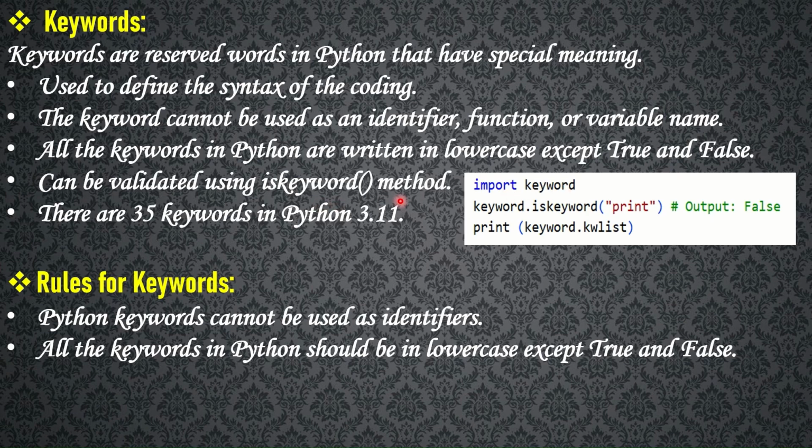So in order to check whether it belongs to keywords or not, we need to import this keyword module, and inside this module, we have a method that is iskeyword. Inside this method, we need to pass an argument as a string. Anything that we need to check whether it is a keyword or not, you can pass here. So I have passed print here. Print is not a keyword in Python, so the output should be False.